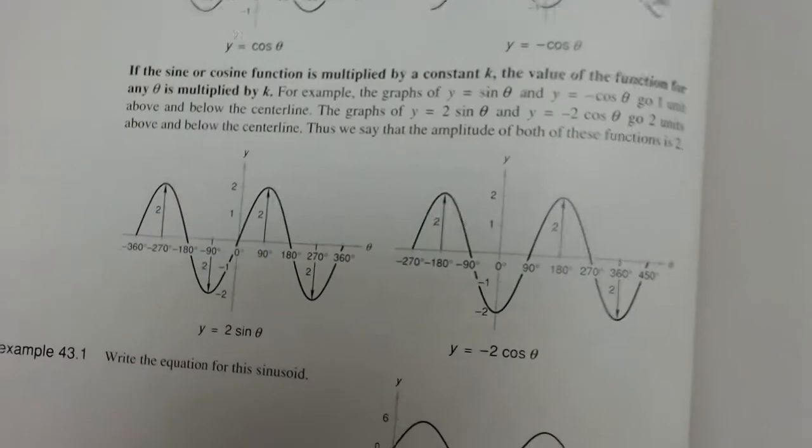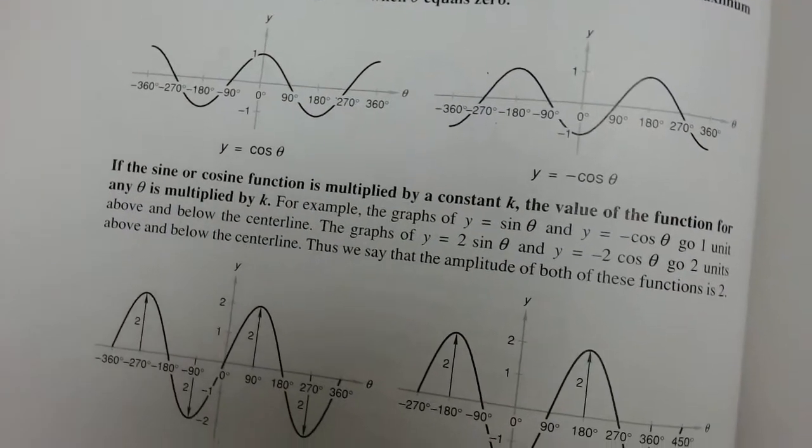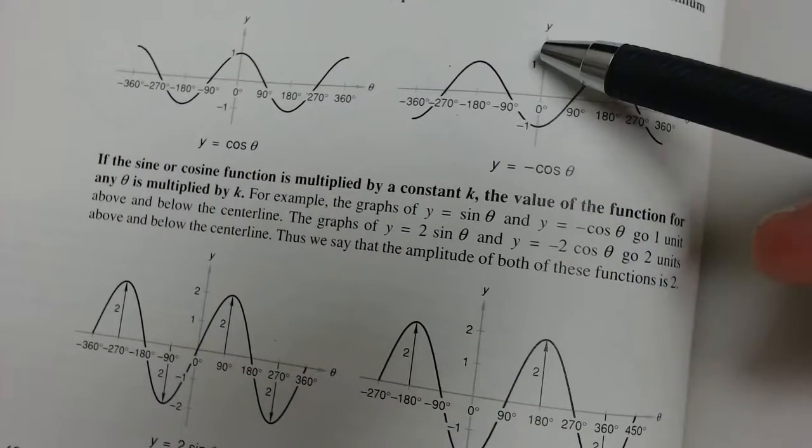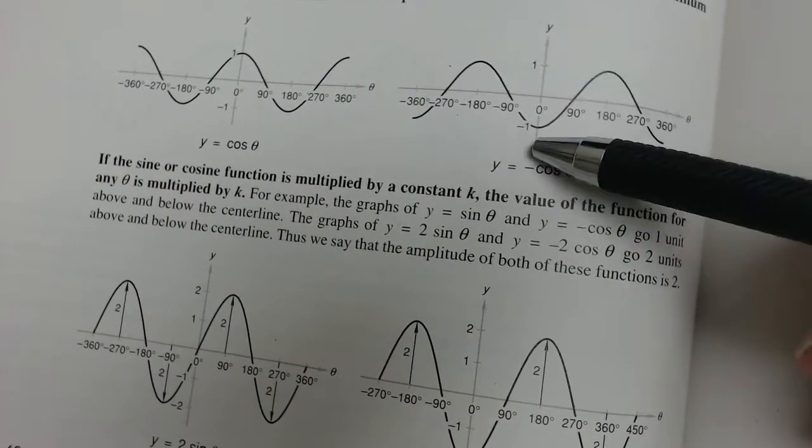Let's see here, what else are we doing? We're also changing the size of the wavelength on a sinusoid function. So what we see here is on both of our examples, we had an amplitude, or a top and bottom value, of 1 and negative 1.